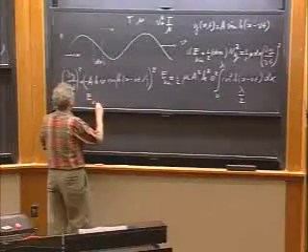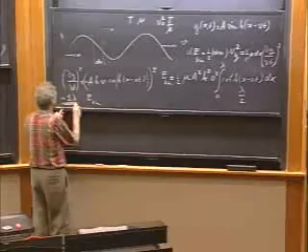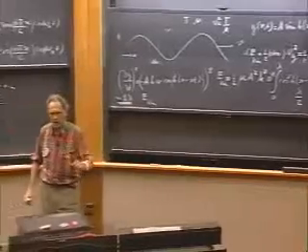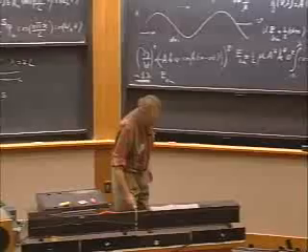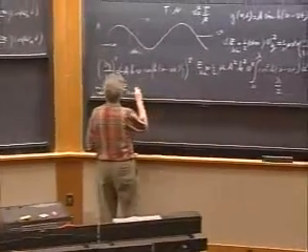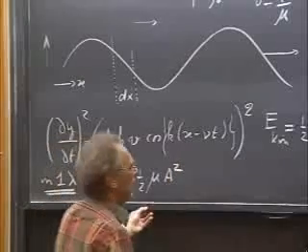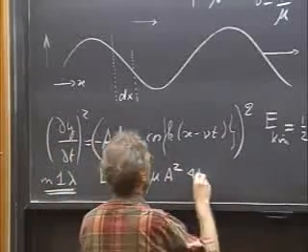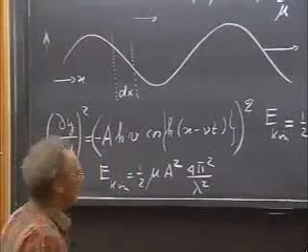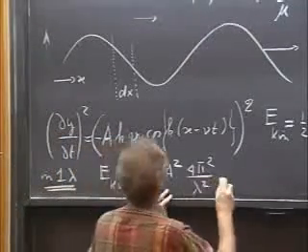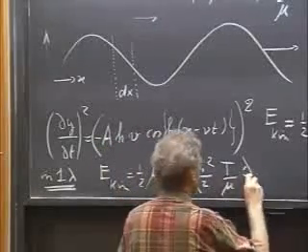So E kinetic now, and this is in one wavelength. This is my shorthand notation. So all I'm calculating for you now is how much is in one wavelength. So you're going to get now 1/2 mu. You get an A squared. The k squared I can write down as 4 pi squared divided by lambda squared. For the v squared, I can write down T divided by mu, and then I have my lambda over 2.